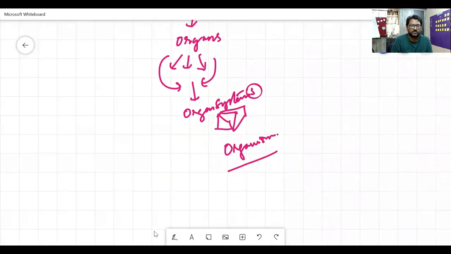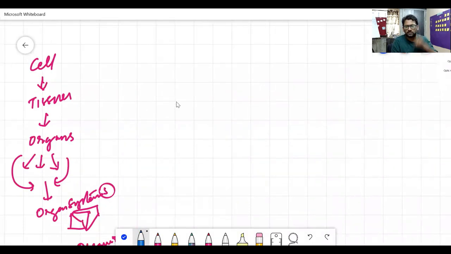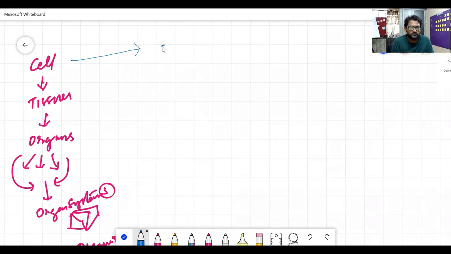First we will try to understand the cellular aspects. At birth, the cell from which we started is from the mother's ovum. We need to understand at the cell level how we developed from a cell to the organism level.